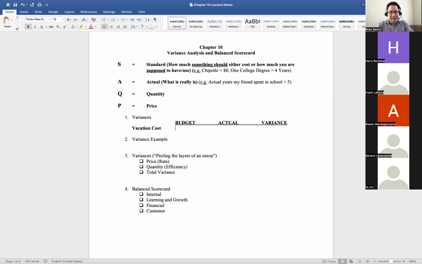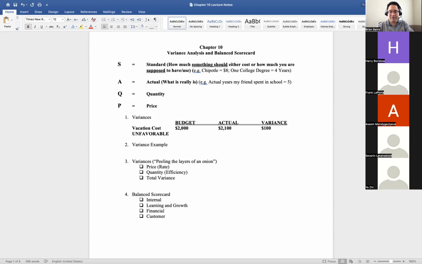Let's say that my vacation budget was $2,000. I actually spent $2,100 on vacation. So the difference, the variance, is $100. And then you went over budget. You actually spent more money than you expected. Budget is like your expectation. That's not good, so we say that's an unfavorable variance.